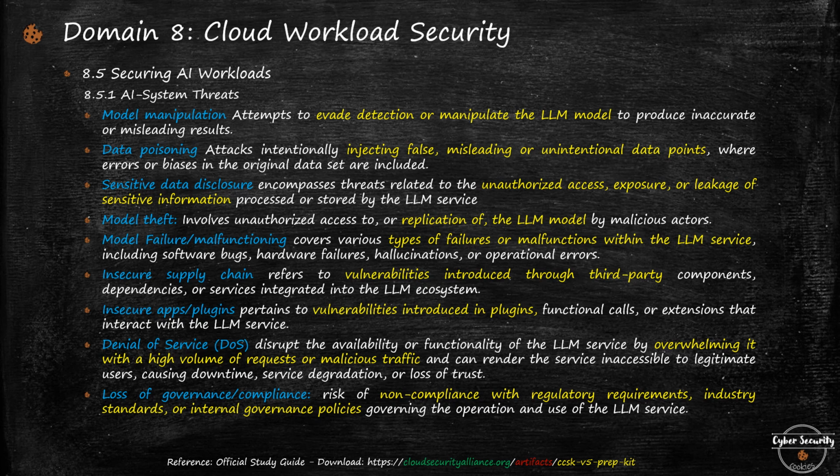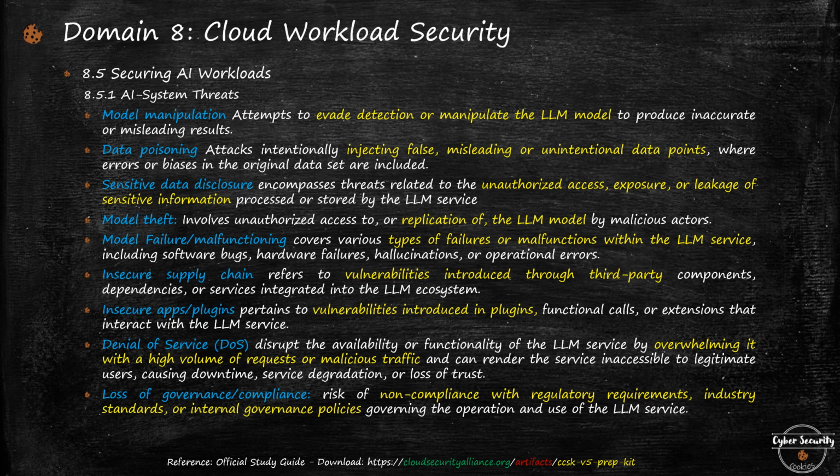Supply chain: the more your ecosystem uses third-party components, if they are compromised or not secure, definitely your whole ecosystem is at stake. Again, insecure plugins: you have a vulnerability introduced through a plugin. You were using a plugin that was used by a developer, and then that plugin itself was compromised, and then that was used against the large language model or that service.